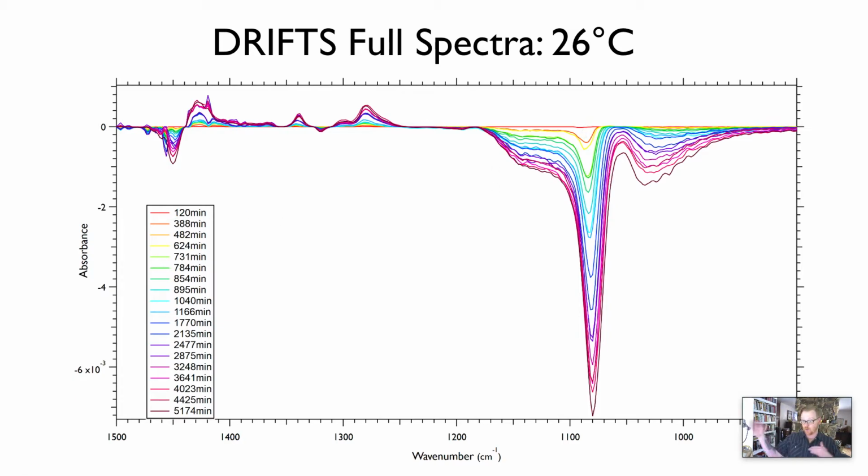So the original background single beam was just of the nitrito, right? And all they did to record these DRIFTS spectra was, after 120 minutes, record another spectrum and ratio it to the spectrum from 120 minutes prior. This 388-minute spectrum was recorded and ratioed to the spectrum from 388 minutes prior, and so on.